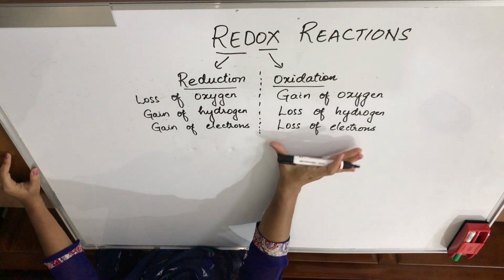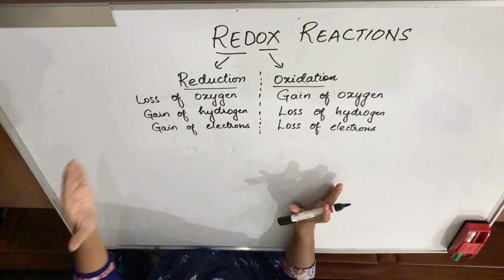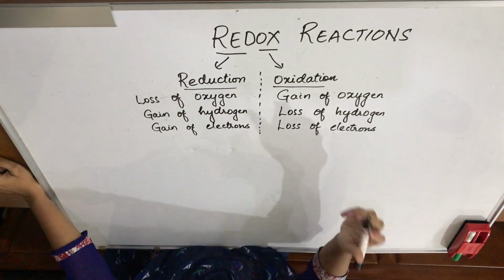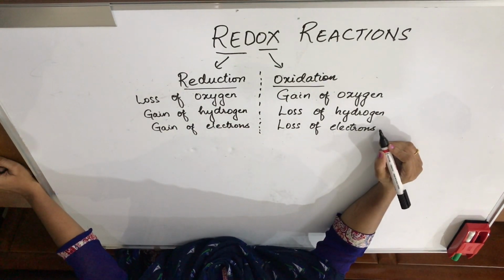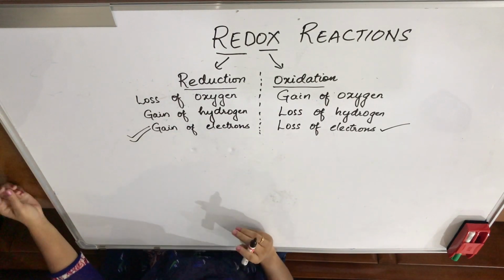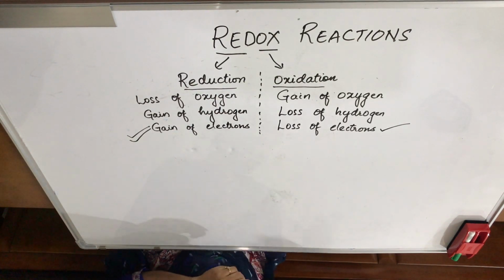This is loss of electrons and this is gain of electrons. So though there are three definitions for reduction and oxidation, the best is to see the loss of electrons and the gain of electrons. Now let us see how.